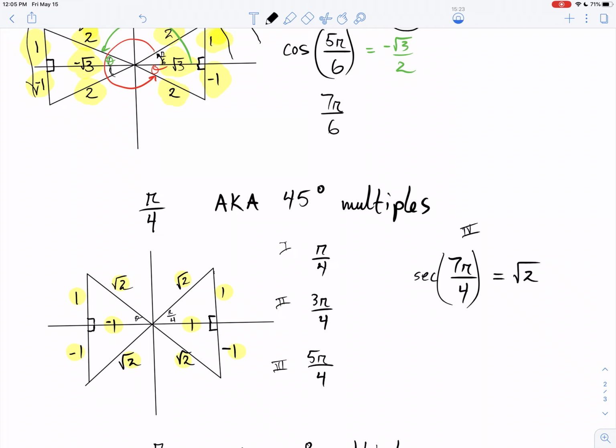The bow tie that I'm showing you for a pi over 4 angle means anything multiple of 45, and I haven't done this yet, but what if they gave me something like a negative 5 pi fourths angle? I could still use the same bow tie, but I'd be starting over here and I'd be rotating clockwise.